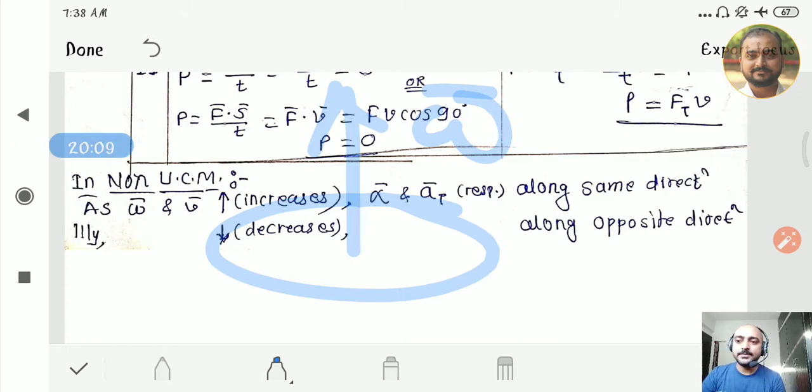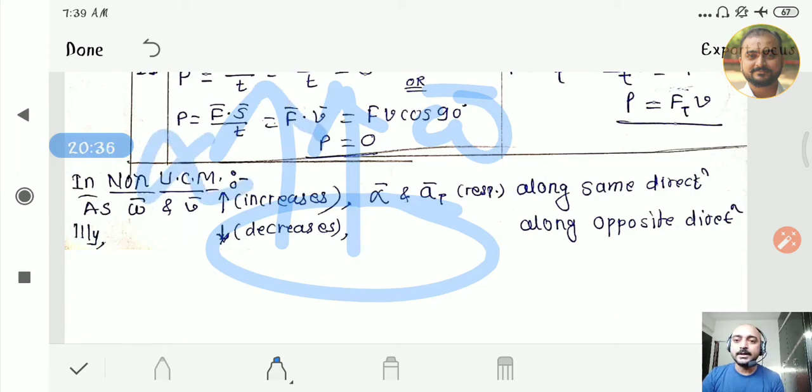As omega increases, as you switch on the fan, your angular velocity increases and the fan starts to rotate fast. At that time, alpha, the angular acceleration, is in the same direction as omega.